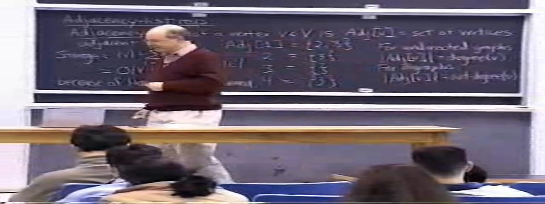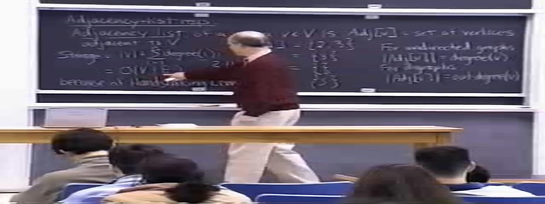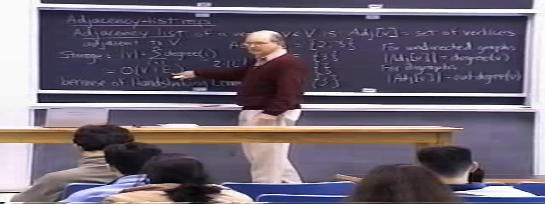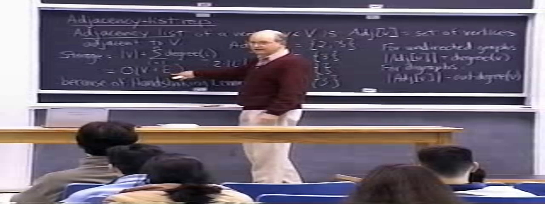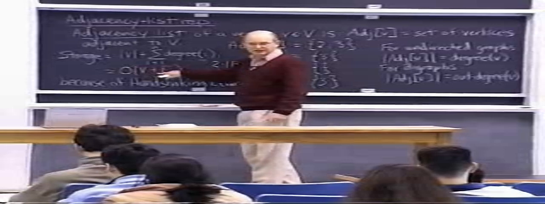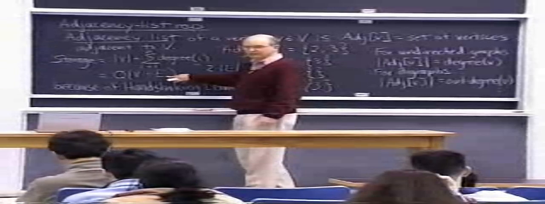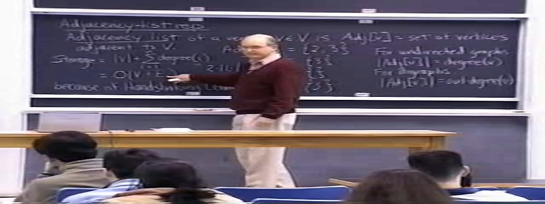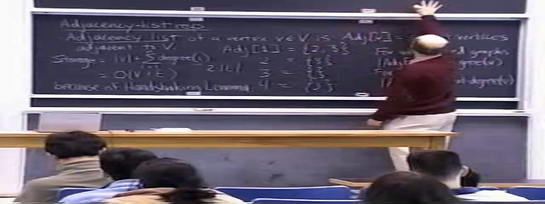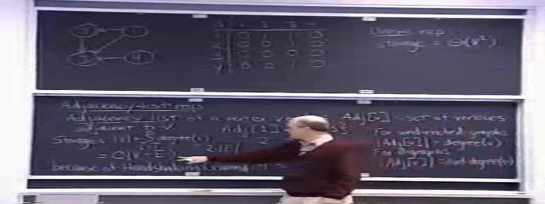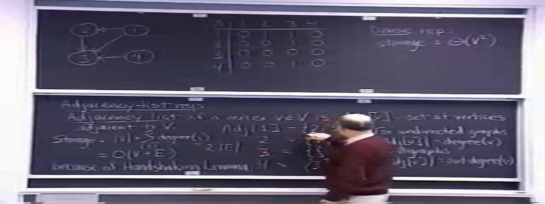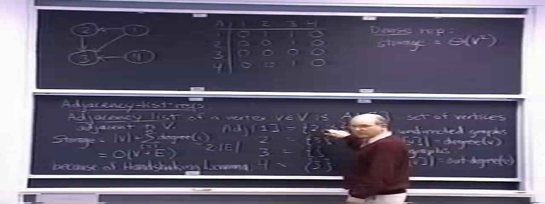So this amount of storage is nice, because if E turns out not to be its worst case v squared, but is, for example, as we mentioned, for a planar graph or a tree or various other graphs, much less than v squared, then the storage can be much cheaper to keep the adjacency list representation. On the other hand, there's a hidden advantage to the adjacency matrix representation. In the case when E is close to v squared, this is order v squared words, but you have to have pointers and so forth.